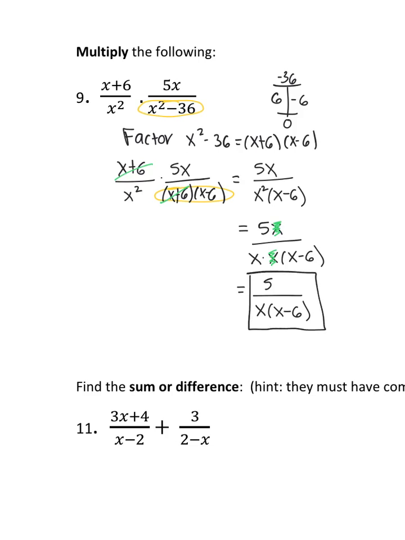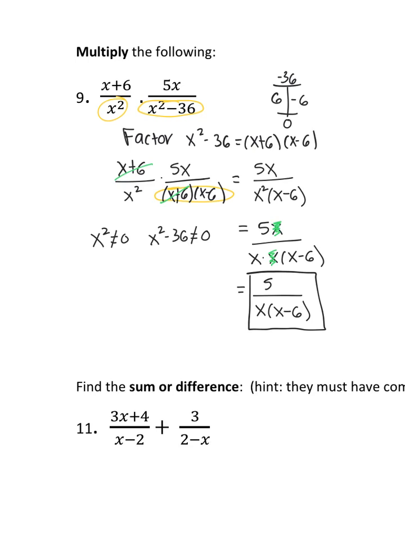Your domain restriction here, you're looking at the original factored denominator. So we know we're taking into account this denominator as well. X squared cannot be equal to 0, and x squared minus 36 cannot be equal to 0.